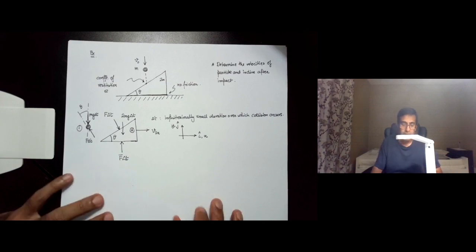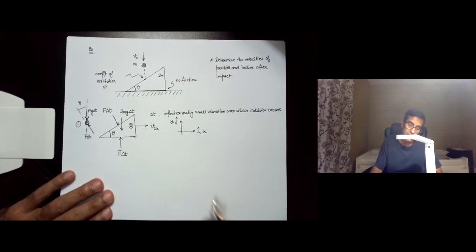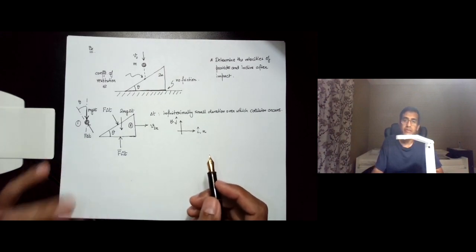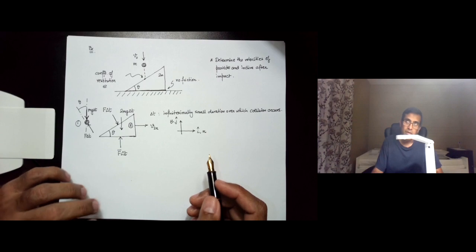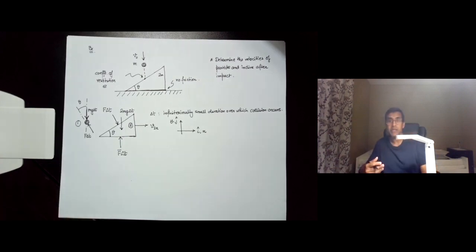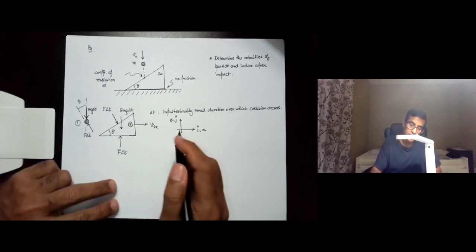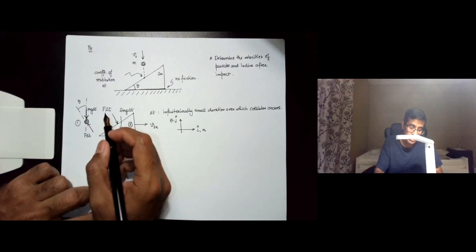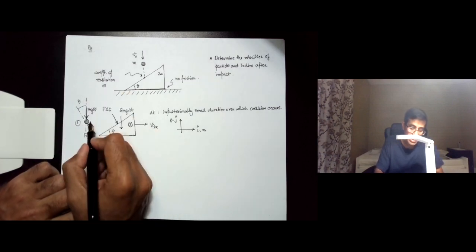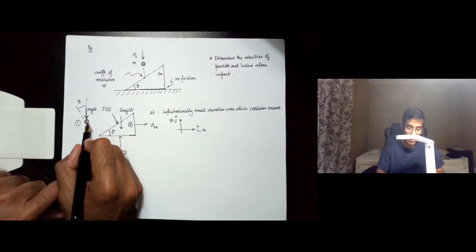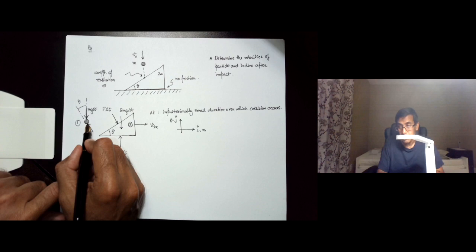So now, if we stick to the basics, we can formulate this problem from the basic principles of impulse momentum equations. By the way, I should mention that after the collision happens, we don't know in what direction the particle is going to move.